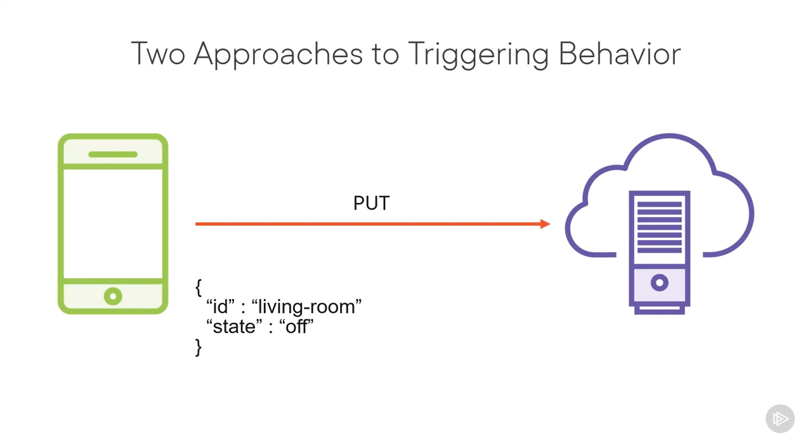In this example, since the resource in question is a smart light bulb and it already exists, the PUT verb is the most appropriate one to use for this operation. Along with the verb, the new desired state is passed in the body of the request. It is up to the server implementation to determine how to change the state of the resource to the one that has been indicated in the PUT request.